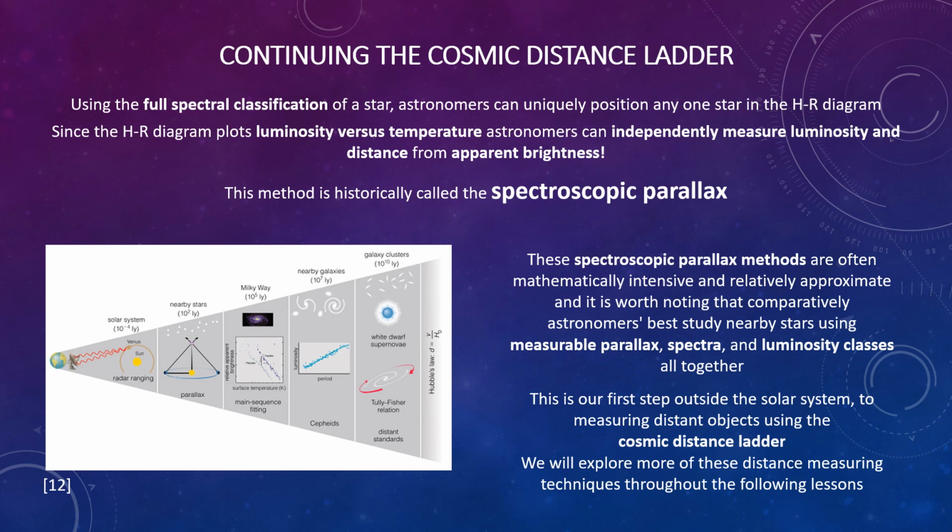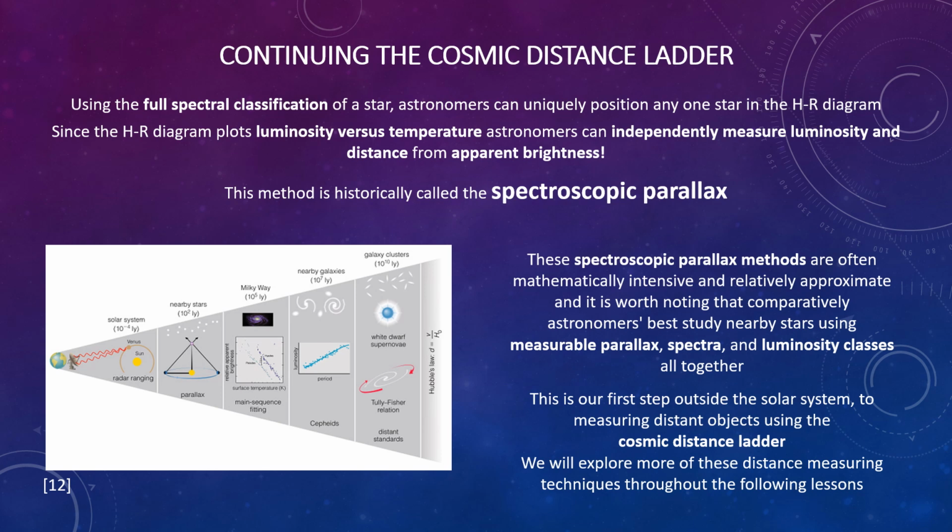For things that we can't use radar to measure, that are a little bit further away, we use parallax, which is the method where we use the geometry of the Earth's position around the sun and the measured shift in the angle in the sky of the star, and then we can apply Pythagorean geometry to measure that distance.